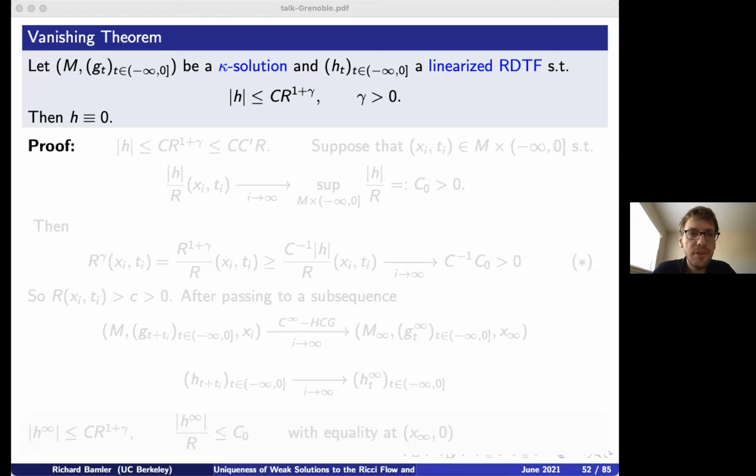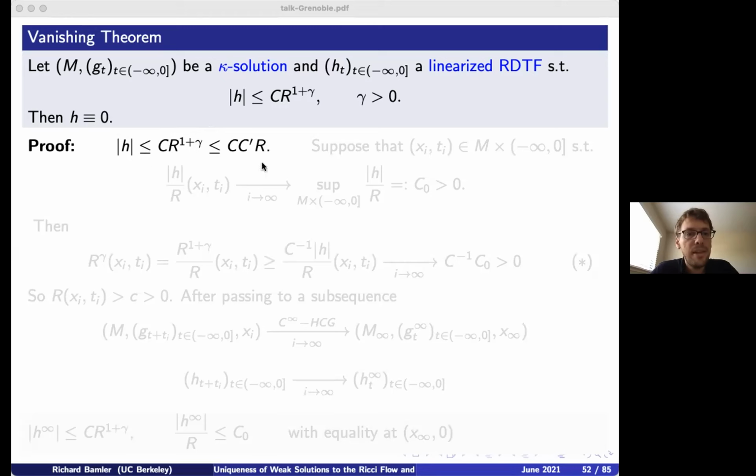So first of all, recall that on a kappa solution, the scalar curvature is always going to be uniformly bounded. So an upper bound of this form can always be replaced by an upper bound of the form C prime times R. So the scalar curvature is bounded from above by a multiple of R as well.